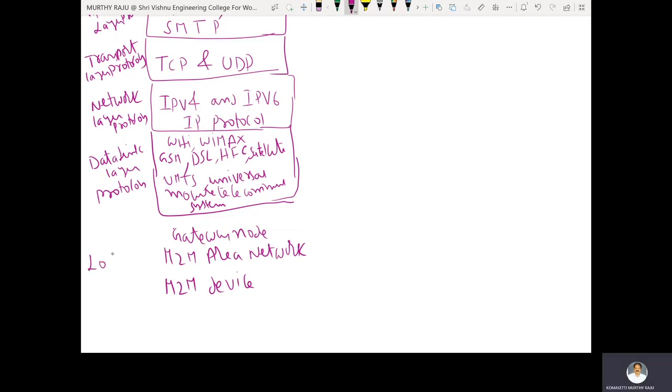Here, local connectivity: the M2M area network is used to connect these machine-to-machine devices. These devices are sensors, smart watches, smart refrigerator, smart TV, smart mobile, smart AC, and so on. This is the local connectivity. In the case of data, by using the data link layer, we connect these devices globally. That is called networking connectivity.